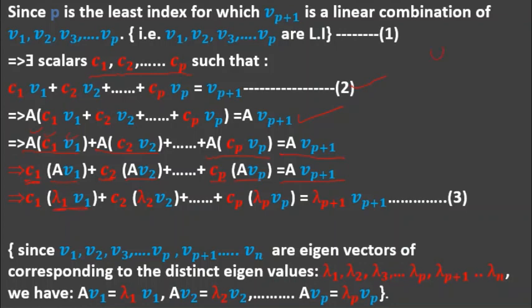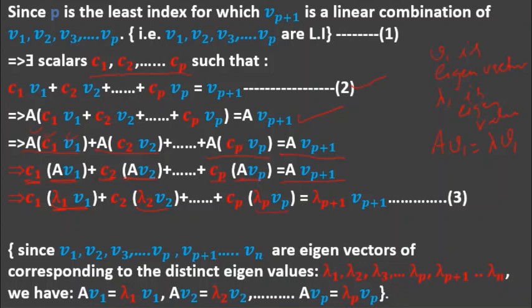V1 is an eigenvector, lambda 1 is the eigenvalue, which implies, what does the definition say? A V1 is equal to lambda V1. That you apply. So wherever you have A V1, you will write lambda 1 V1, and A V2 means lambda 2 V2. A Vp means lambda p Vp is equal to this.